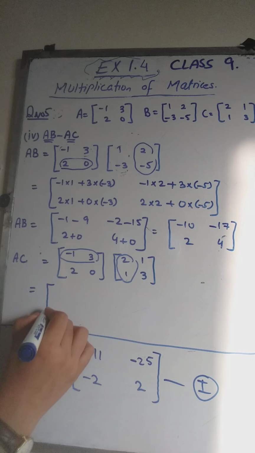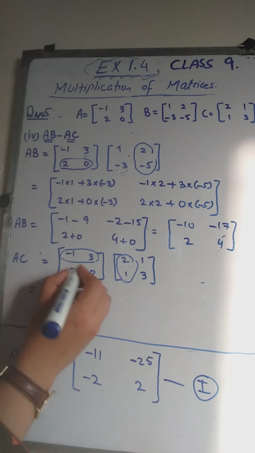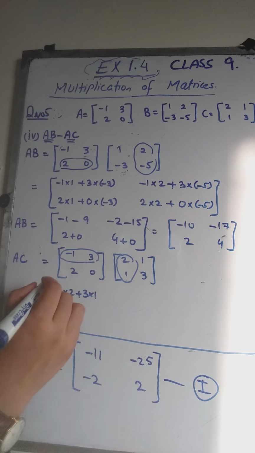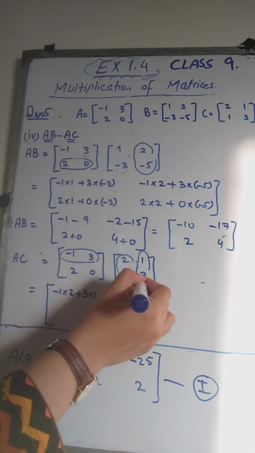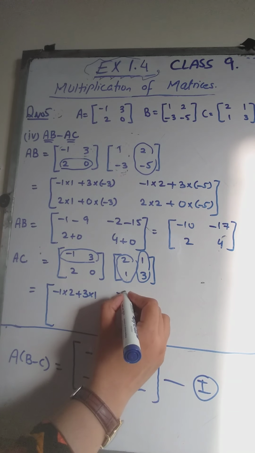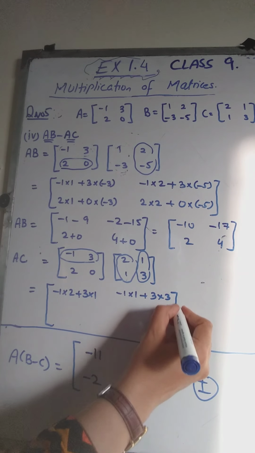This will be equal to negative 1 into 2 plus 3 into 1, and then multiplying the first row with the second column, we will get negative 1 into 1 plus 3 into 3.